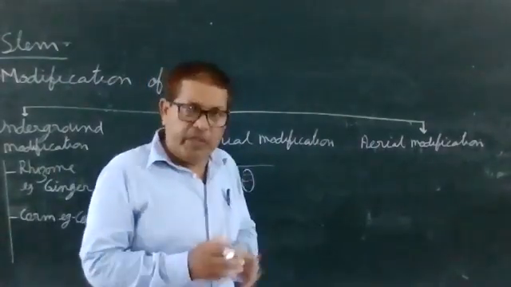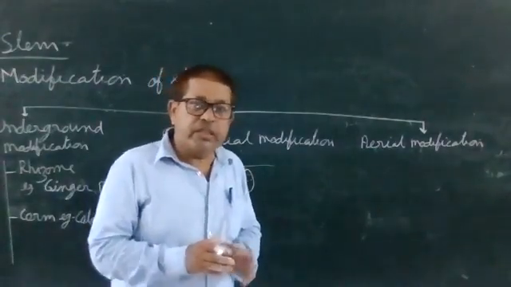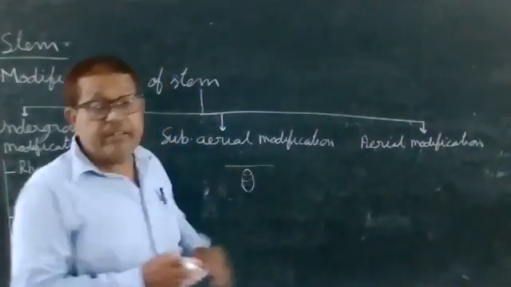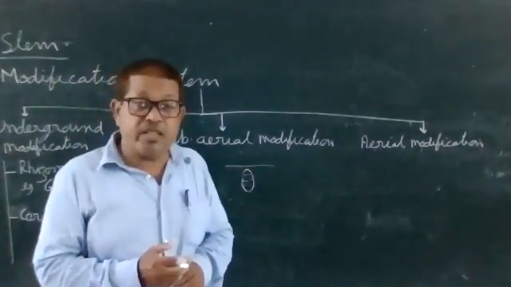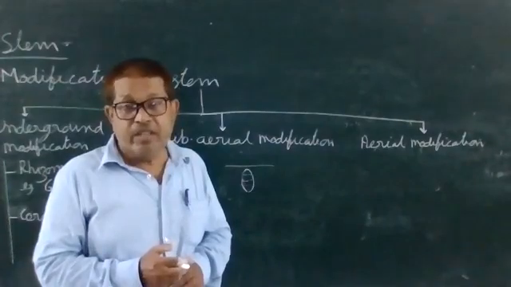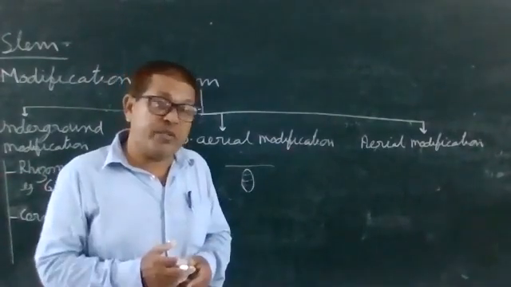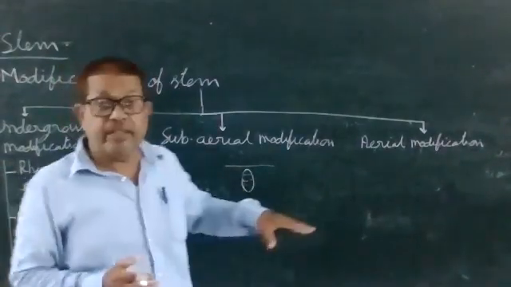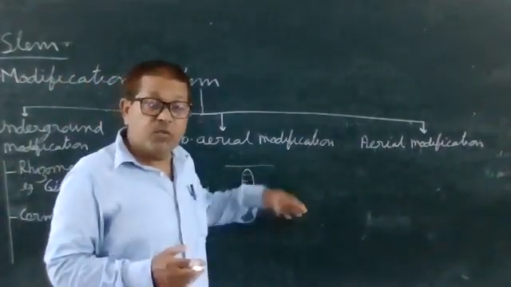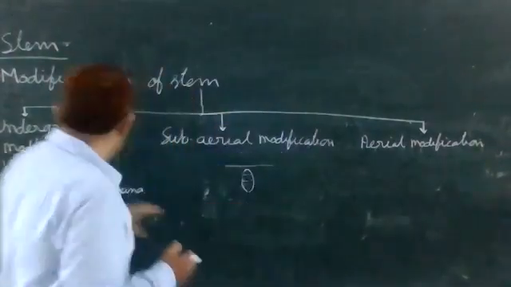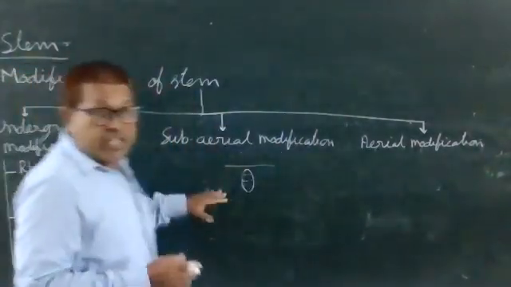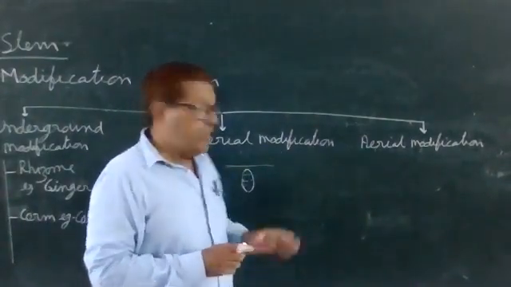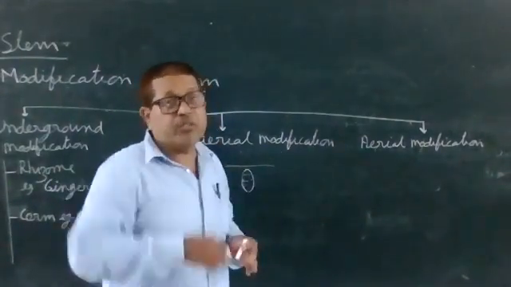It stores the food material and becomes thick, and it has nodes and internodes, scales, and leaves also present there. But this is the major difference between rhizome and corm: rhizomes grow parallel to the ground, while corms move vertically to the ground.